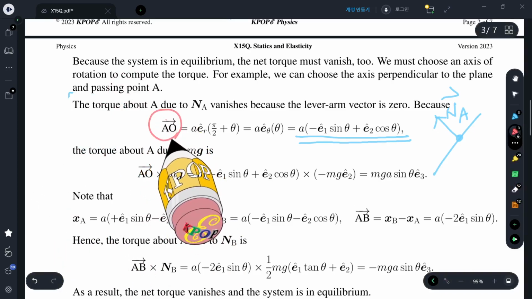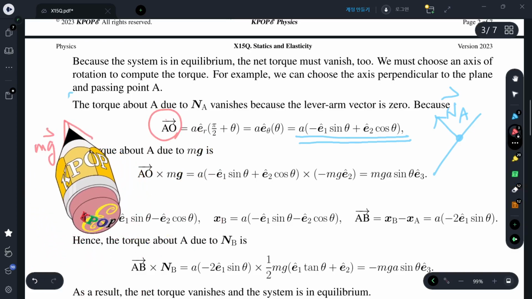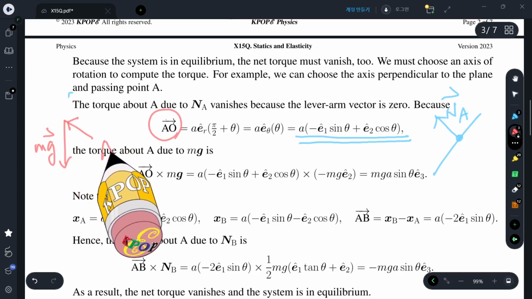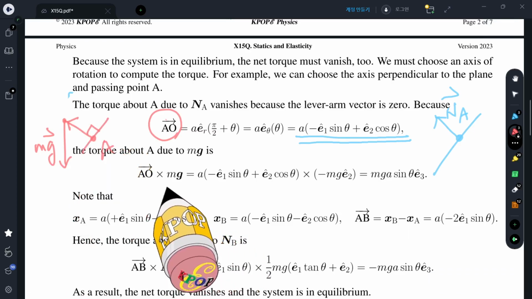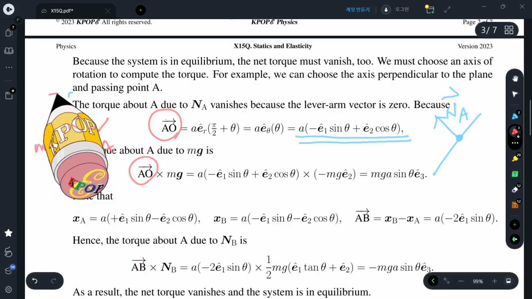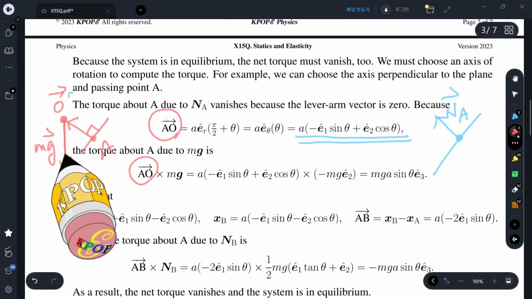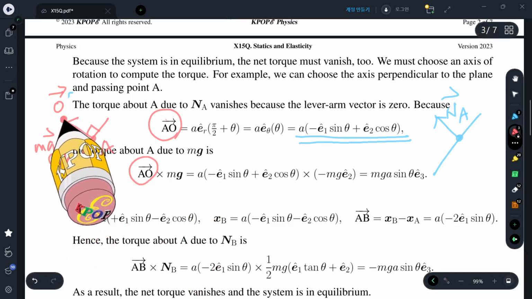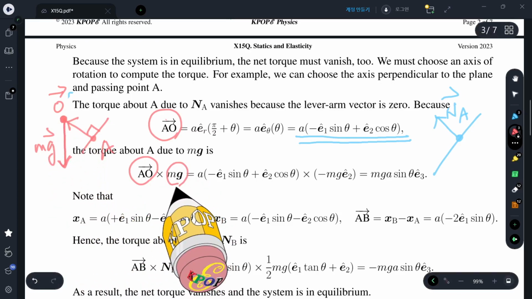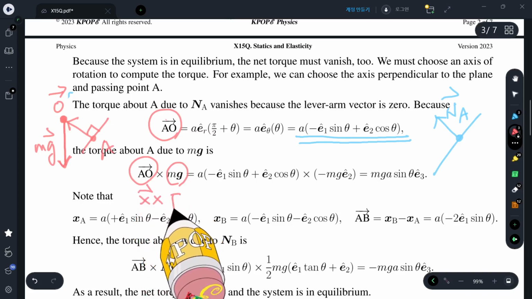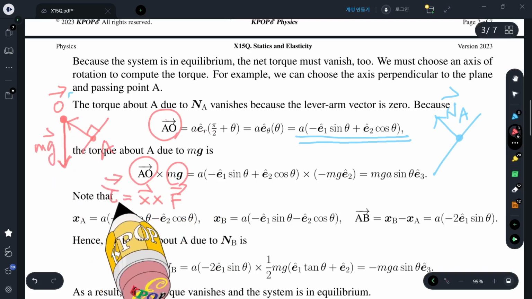So we know what this is, the first torque, mg. This is A, and AO makes a right angle with this vector, and the gravitational force acts at the center of mass. So this mg is written here. This is x cross F. That is the torque due to mg.